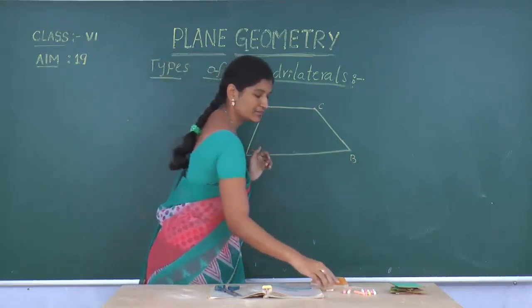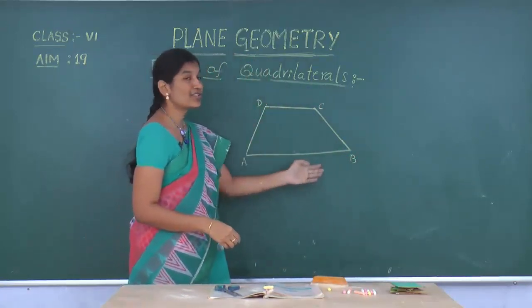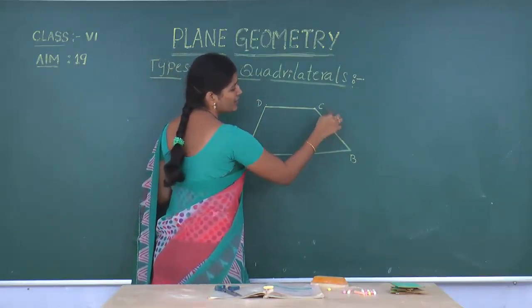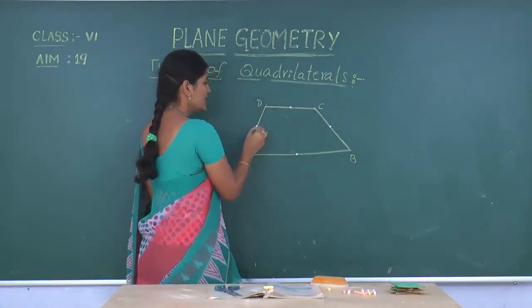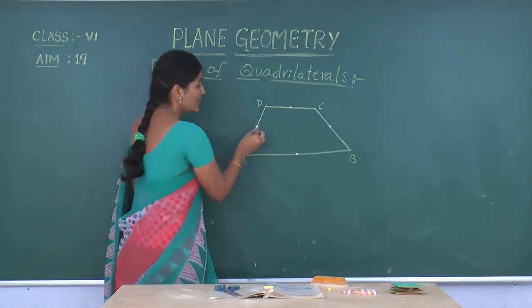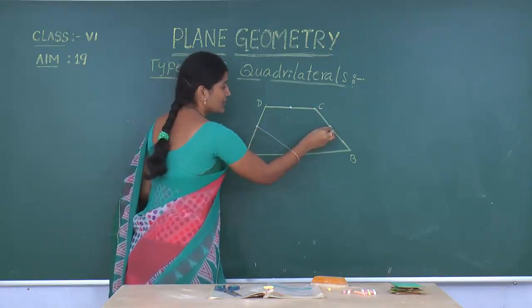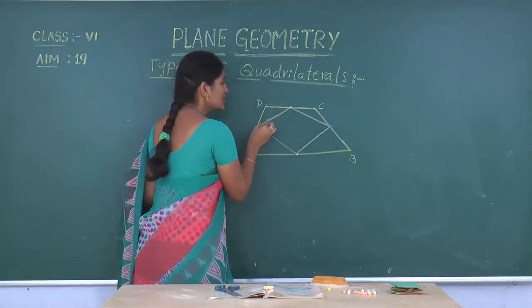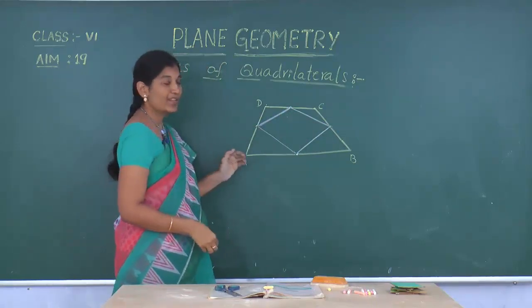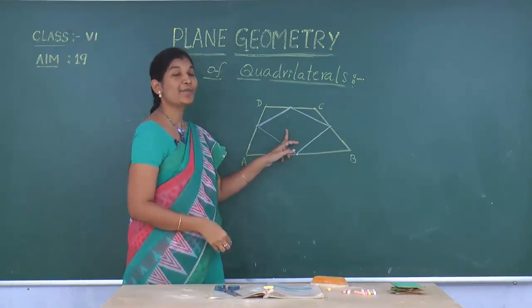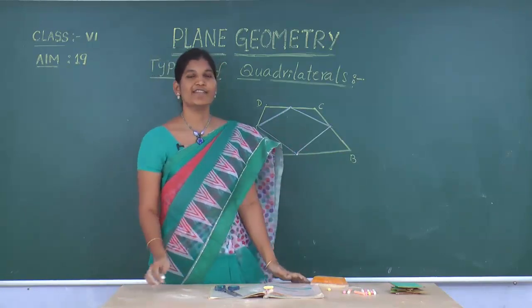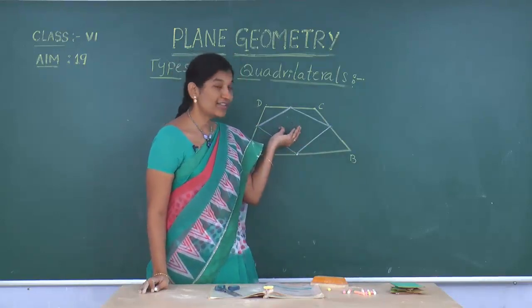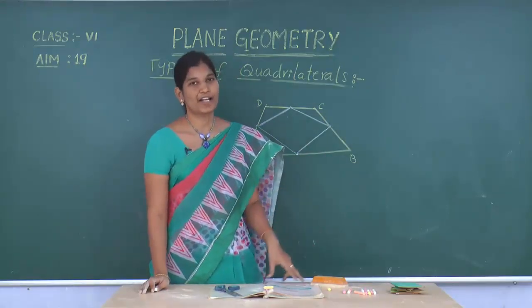Suppose I am taking the midpoints of these 4 sides, and this is the midpoint of this side, and this is the midpoint of this side, and this is the midpoint of this side, and this is the midpoint of this side. Suppose I join the midpoints of the sides of any quadrilateral, what does the resultant figure say? This is a parallelogram. If you join the midpoints of the 4 sides of a quadrilateral, the resultant figure is always a parallelogram.